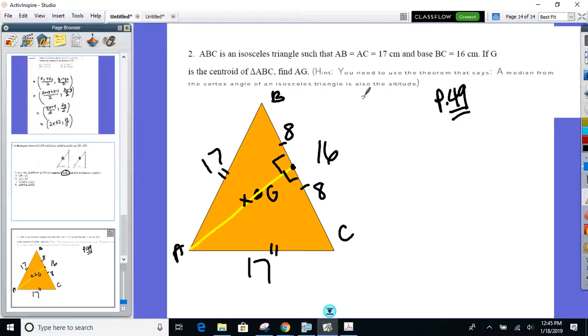Could you find out the length of the median? Give me a way to find the length of the median. I can use the Pythagorean theorem. I can say the median squared, which I'll call A squared, plus what's in the other leg, 8 squared, equals 17 squared.